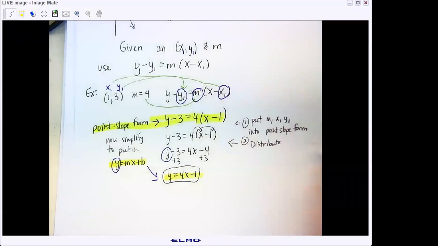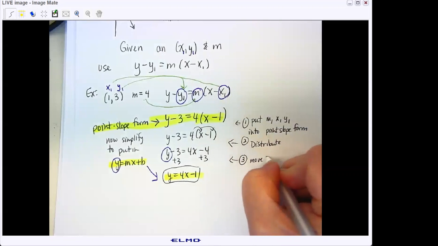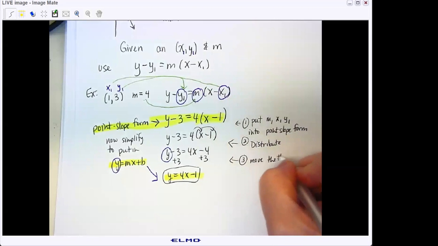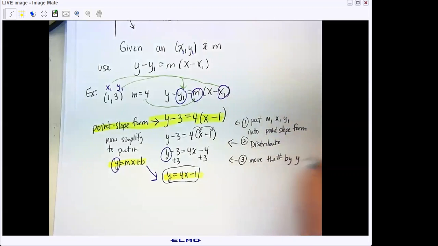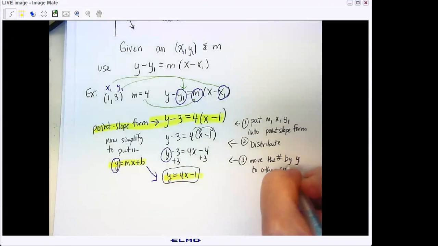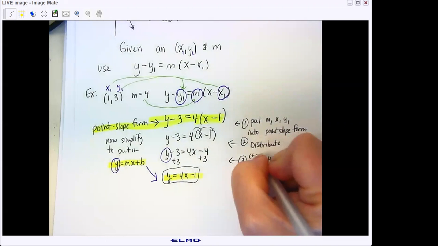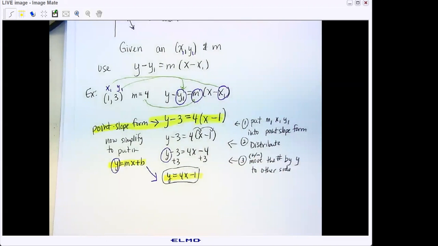That's that one right there. And last, step 3: move the number by y to the other side. If that were a y plus 3, then I would have minus the 3. That's the only reason I didn't say add the number by y. We just have to move it, so we're either going to add or subtract. And that's it.